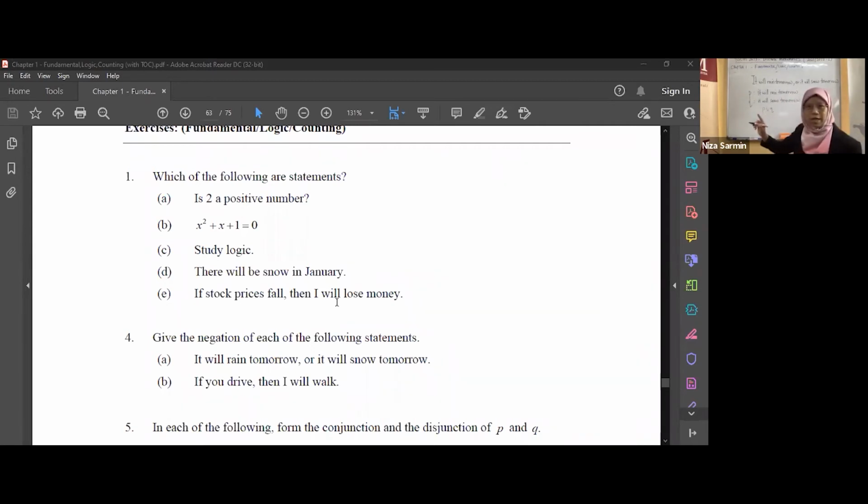And try to negate. Not P and not Q. P or Q, not P and not Q. Read it in the sentence. It will not rain tomorrow and it will not snow tomorrow. Okay.